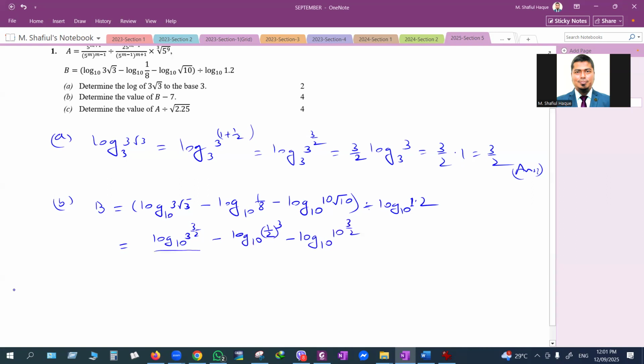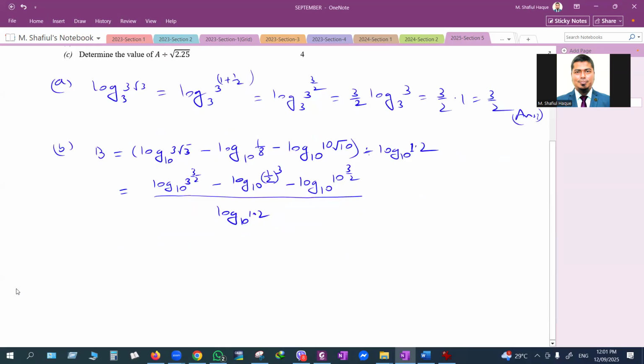And divided by, so we can write it as log base 10 of 1 by 2. Again, in the numerator, 3 to the power 3 by 2 minus.